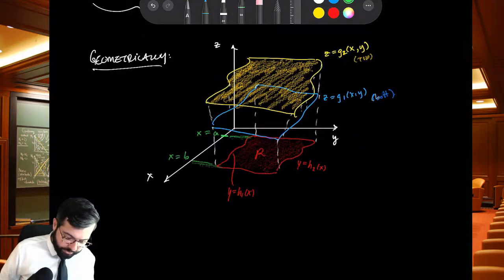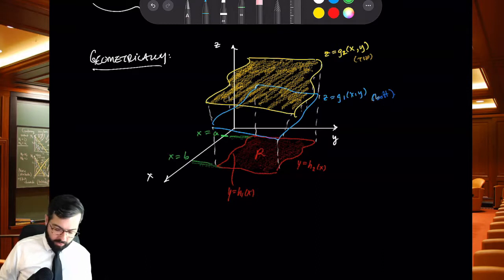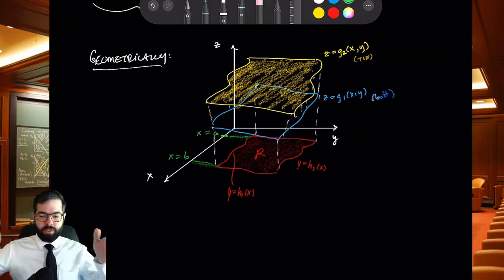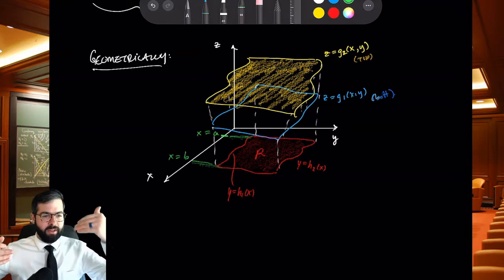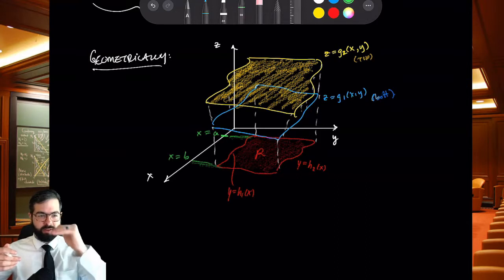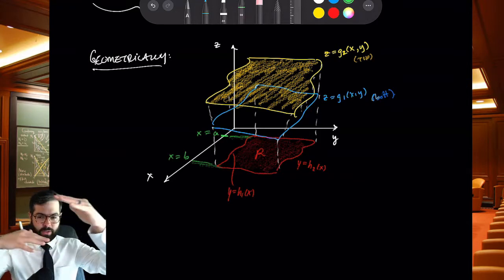But the goal is to get you to see the different parts of the integral. If we're integrating three times, that means we need three sets of limits. So I need a start and stop for each of my variables, right? So I need, where do my heights, the z coordinates coming from the top and bottom of the surfaces, where do those come from?